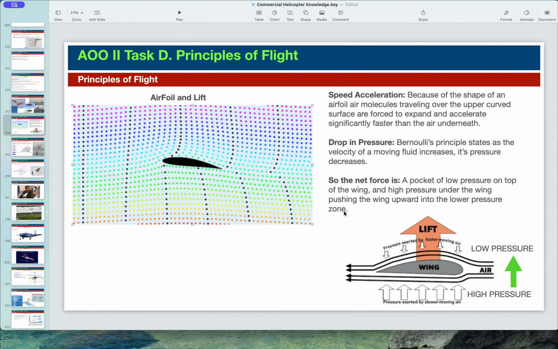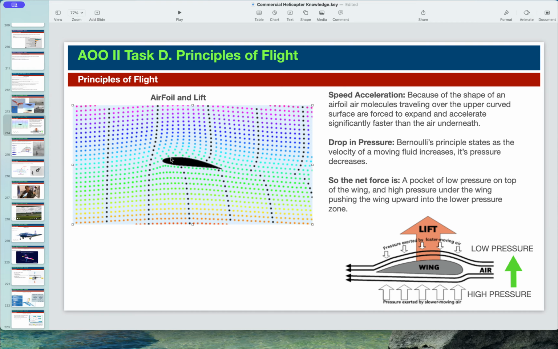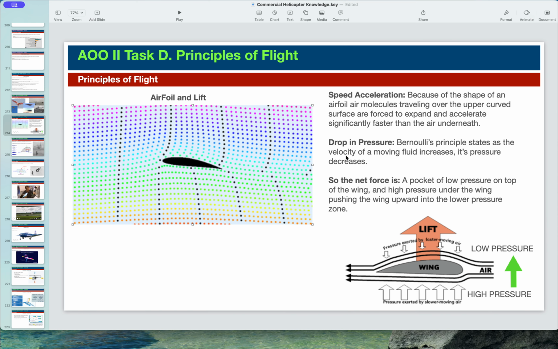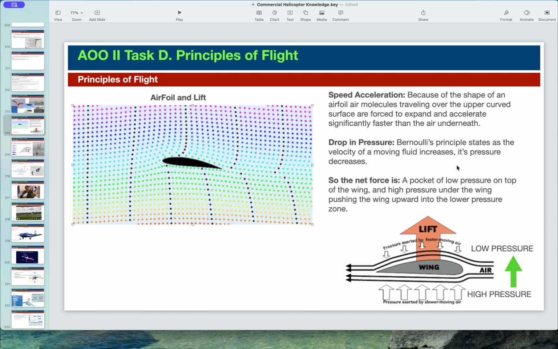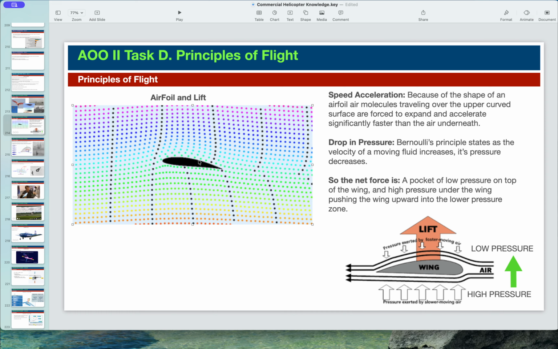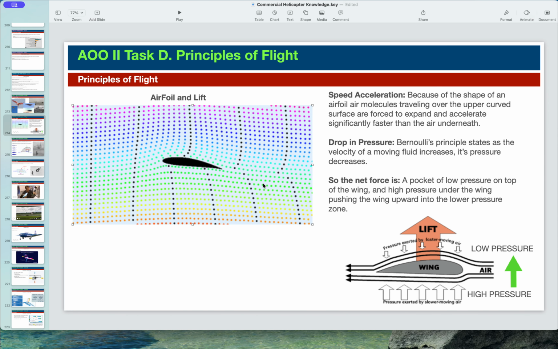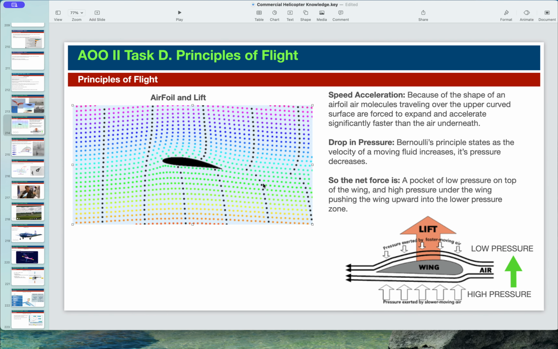As this air is moving over the top, it's speeding up. But with Bernoulli's principle, Bernoulli figured out and states that as the velocity of a moving fluid, and air is a fluid, increases, its pressure will decrease.